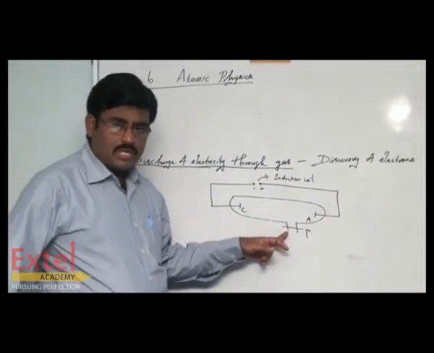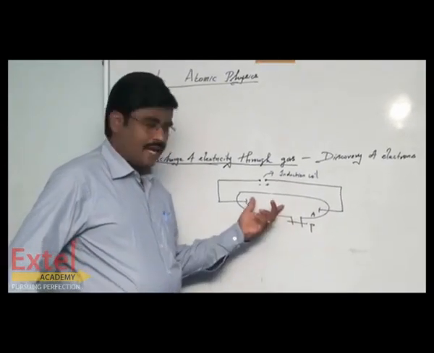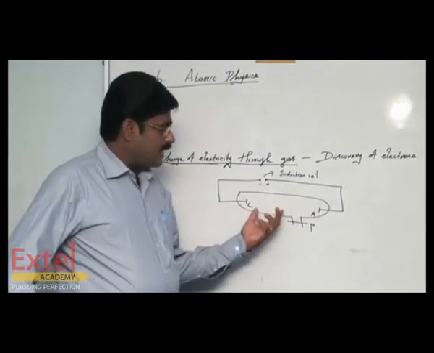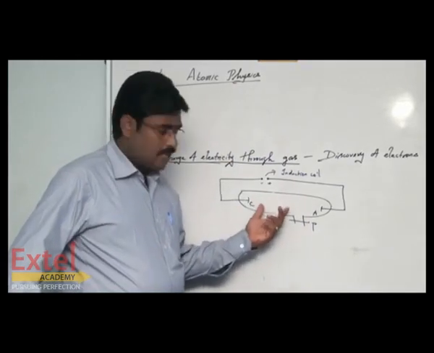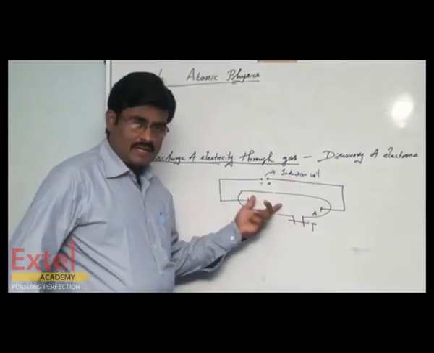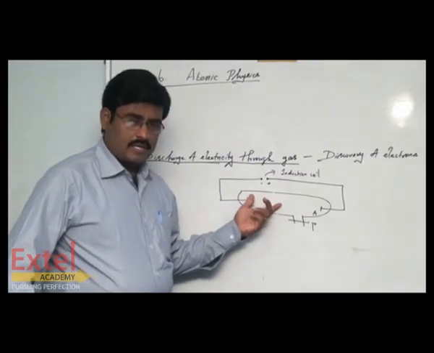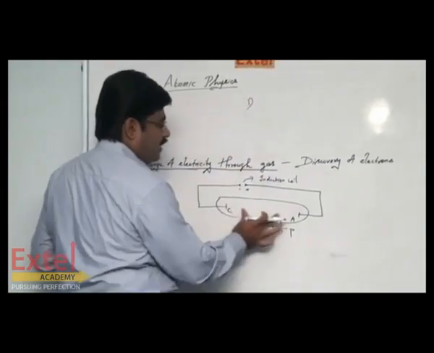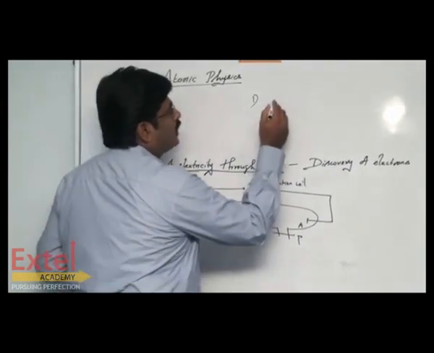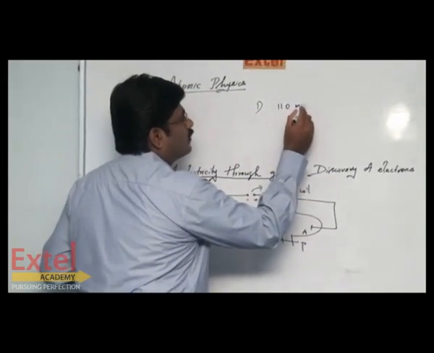So by reducing the pressure, any gas can be enclosed within this strong glass tube, and when the pressure within the glass tube is maintained at 110 millimeter of Hg.